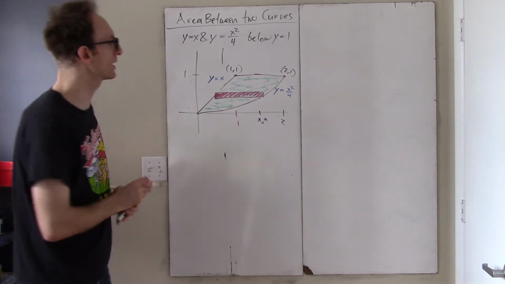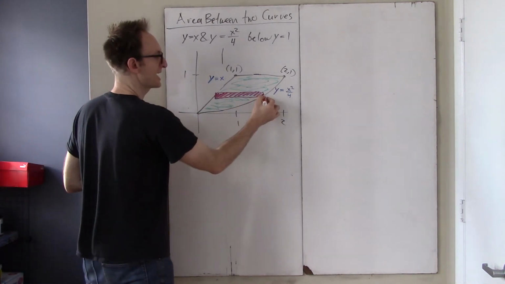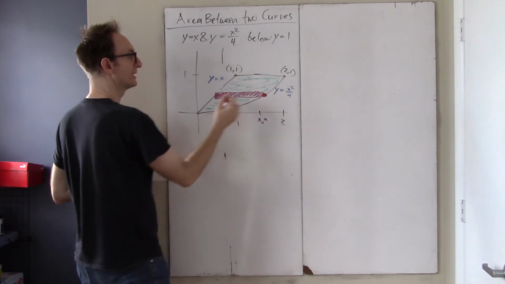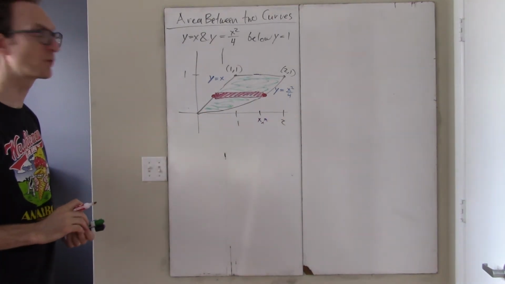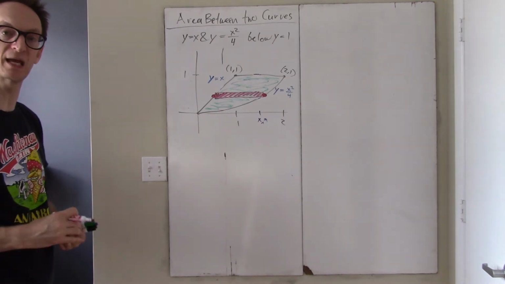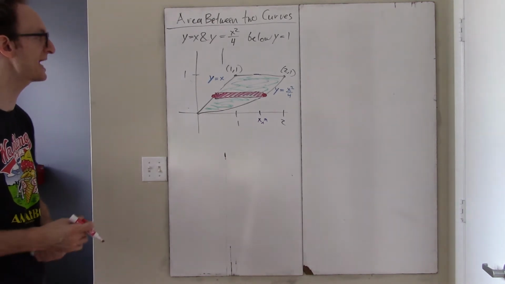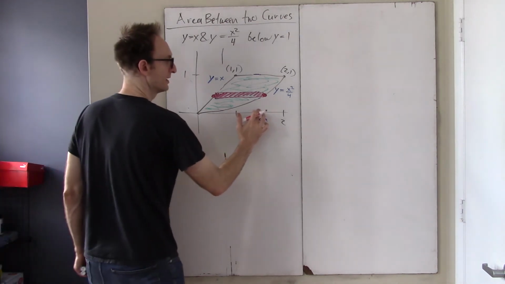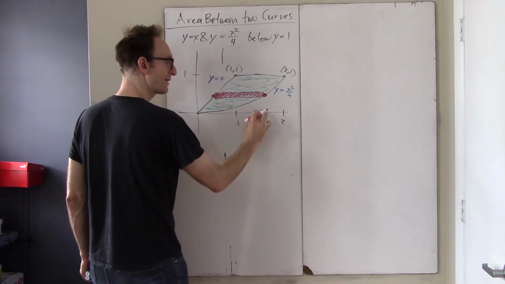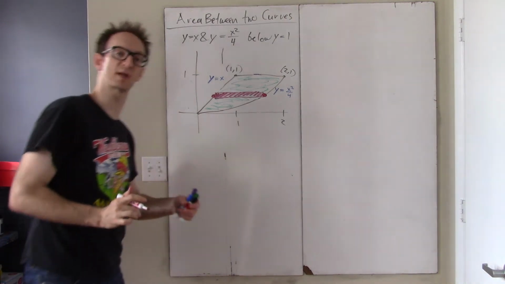And this point over here is always the x-coordinate of the point on the parabola, and this point is always the x-coordinate of the point on the line. And so with a single expression, I can now represent the length of that rectangle, and I don't need to do it in two separate integrals.